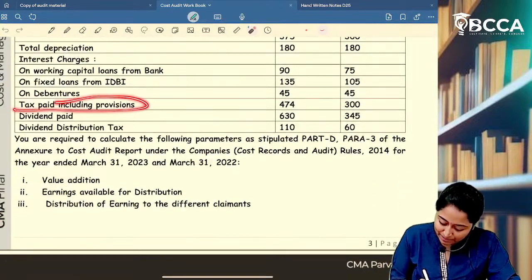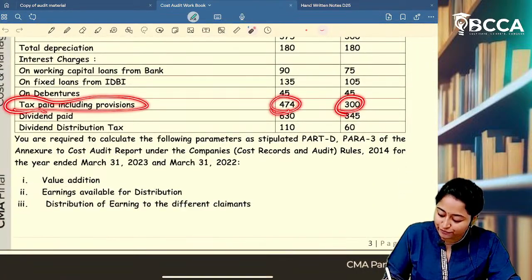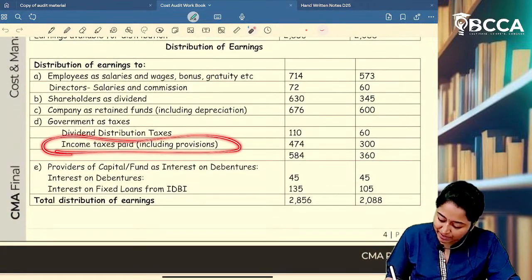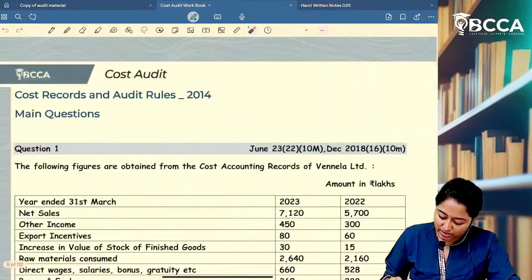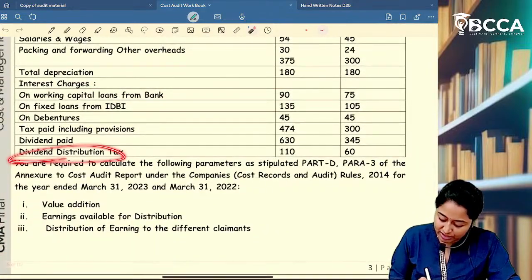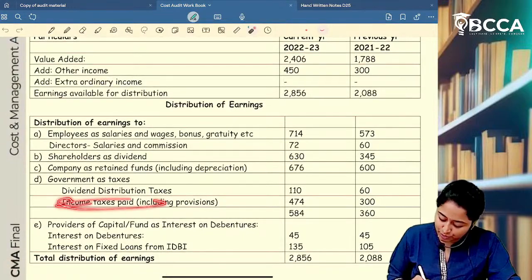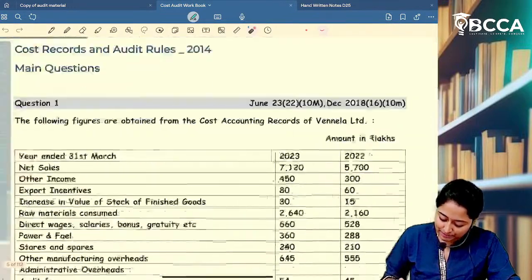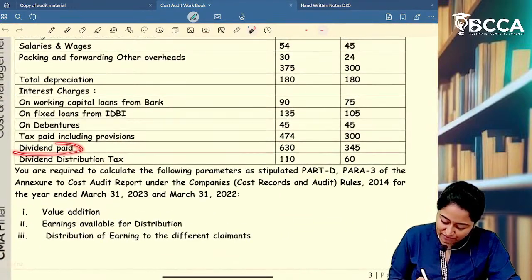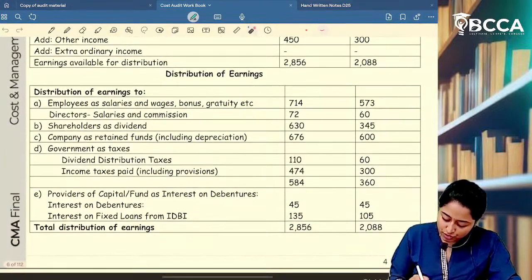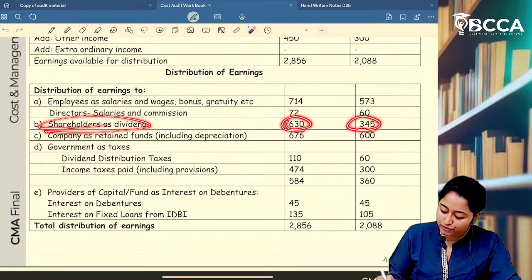And then tax paid including provisions, income taxes paid 474 and 300. And at last we have dividend distribution tax 110 and 60. And then dividend paid 630 and 345, so shareholders as dividend 630 and 345.